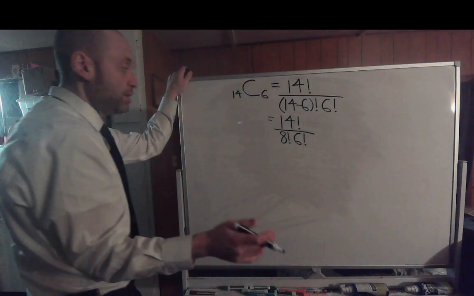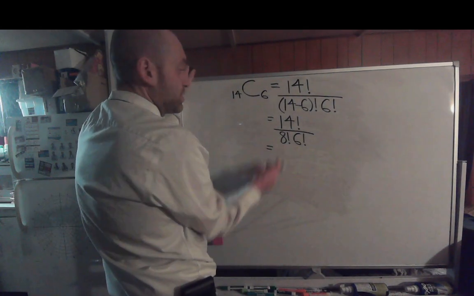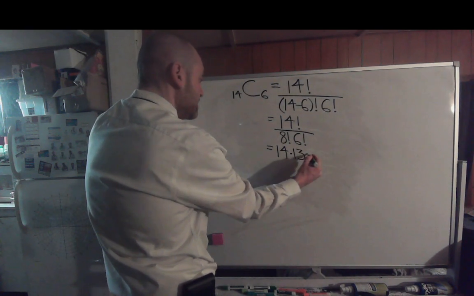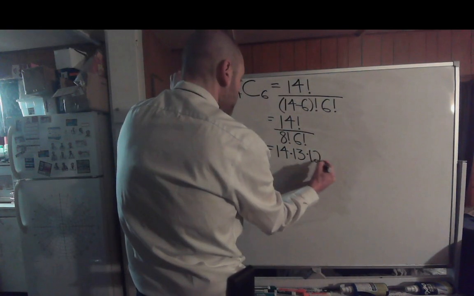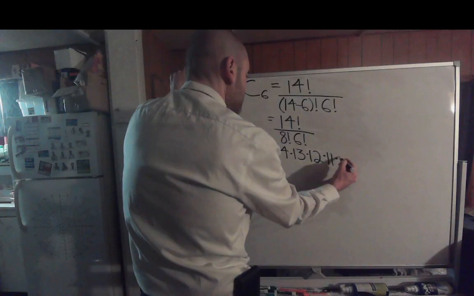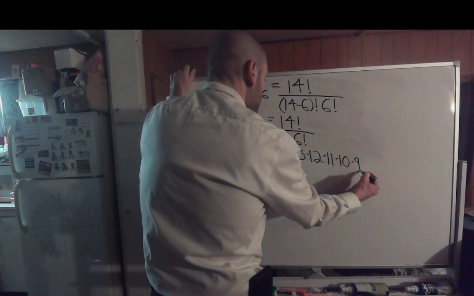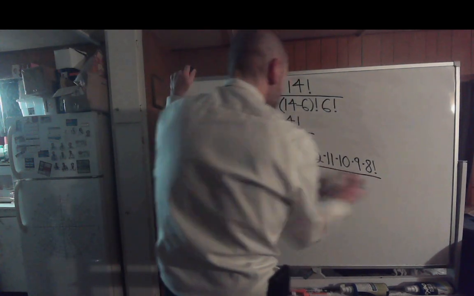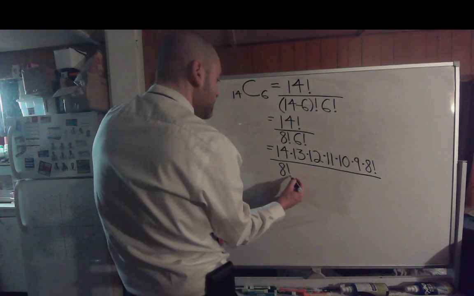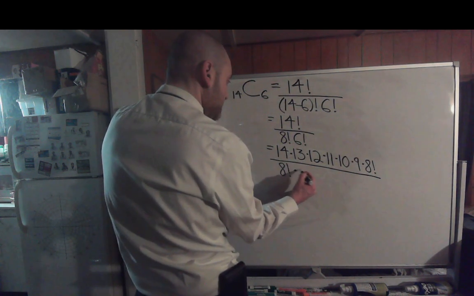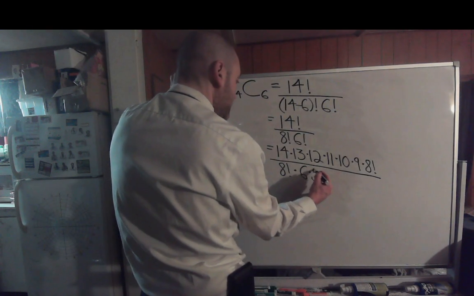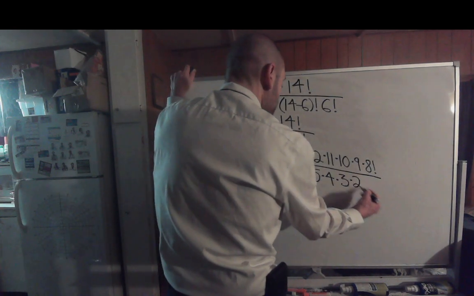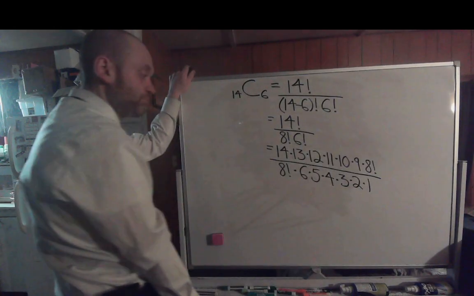All right, well, good news is 14 factorial will break down, so this will be 14 times 13 times 12 times 11 times 10 times 9 times 8 factorial divided by my 8 factorial times 6 times 5 times 4 times 3 times 2 times 1.